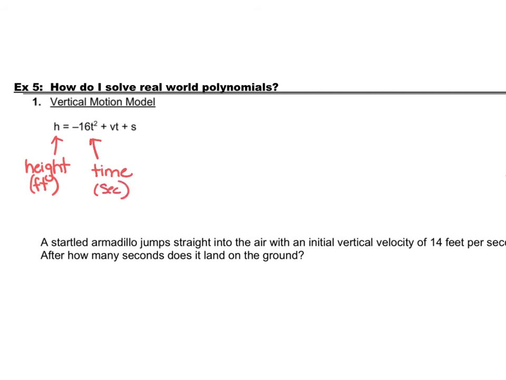And then we have the vt, which is the initial velocity. This is how fast it's moving at the time.